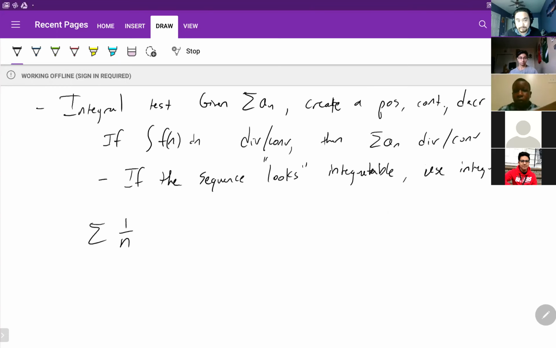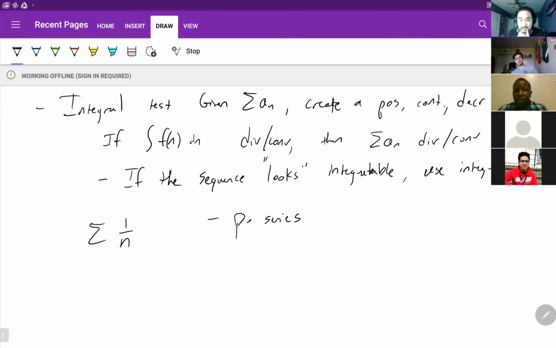And that is, anyone? Good. Nth term test. Well, it doesn't. Nth term test is inconclusive on this one. DCT, direct comparison test. No. Oh, the geometric one? Nope.